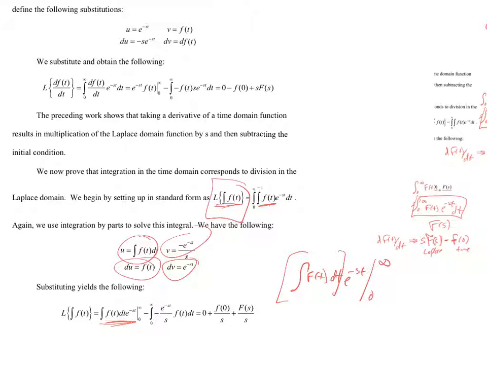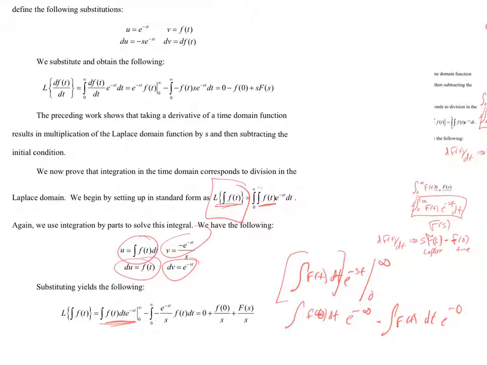So if I focus on this one, I have the integral of f of t dt, e to the minus infinity, minus the integral f of t dt e to the minus 0.